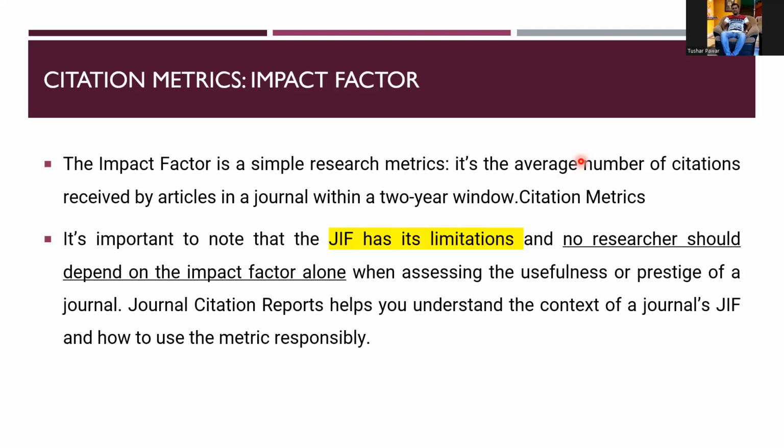So on average, how often is every article cited? The higher the rate of citation, the better the journal is. It means that the journal is reaching a large population and people believe in the review process and the information published in that journal.